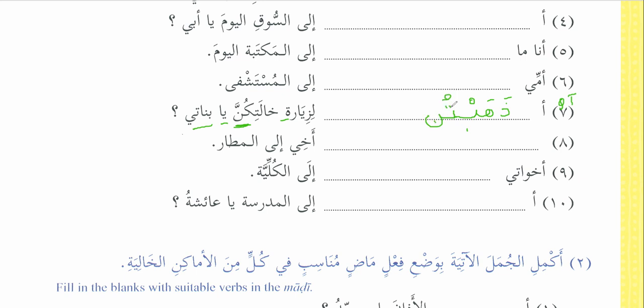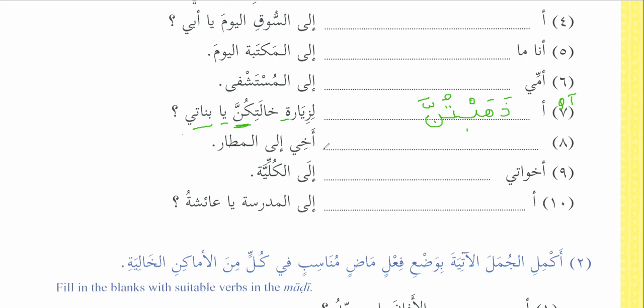Remember, our main damir is ta with dhamma, but noon shadda comes and tells you the female plurality in the mukhatib. I am repeating so that it becomes easier and you can memorize while listening again and again and again. So that's one thing I keep on repeating in my explanation.